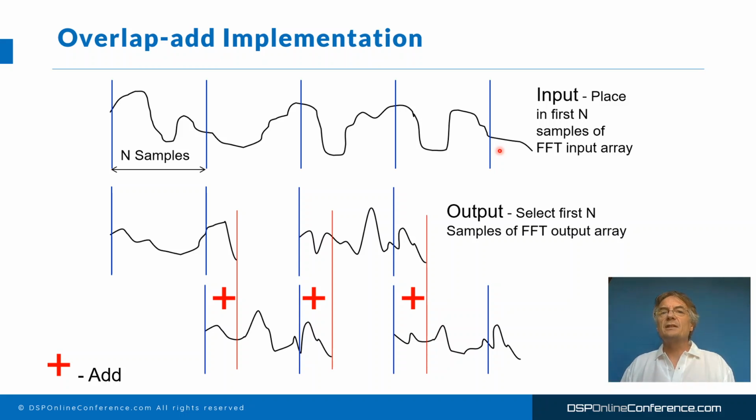So anyway, for the overlap and add implementation, we have these output sequences that are longer than the input sequences, and the way we've written the code means that we add those overlaps together and we get our filtered output continuous sequence.